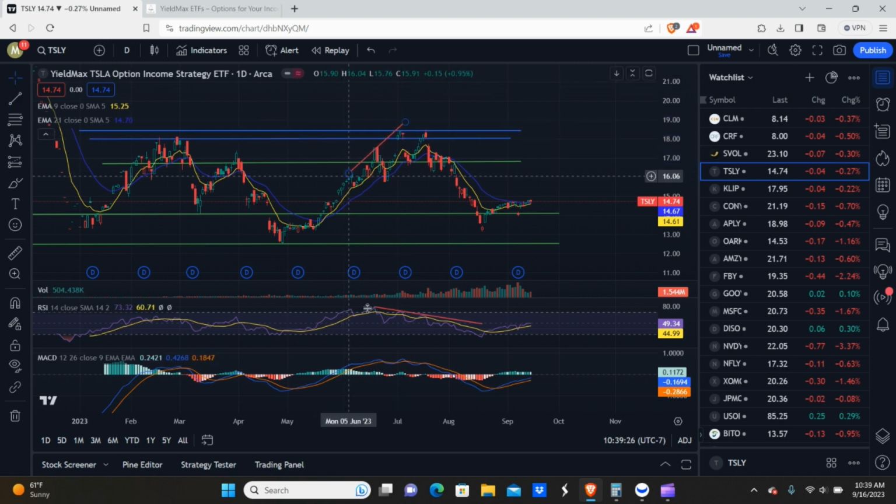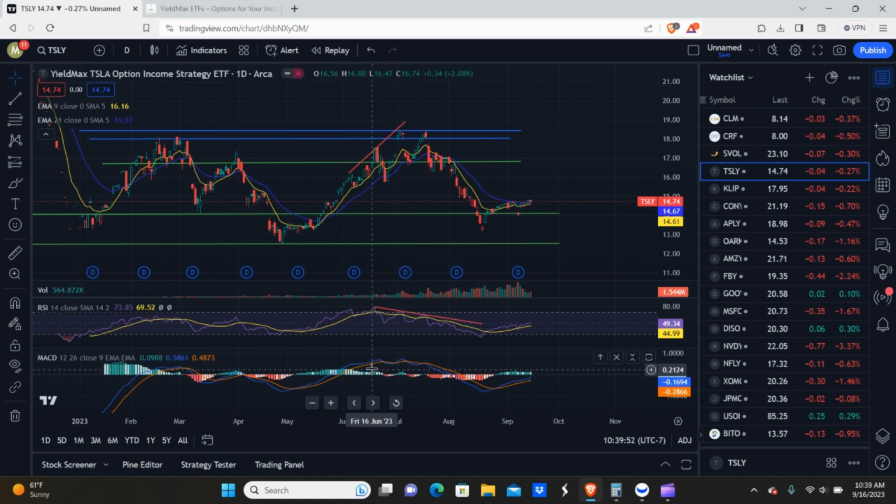As you can see, the RSI is moving down, the MACD is moving down, but the price is moving up. This is called a bearish divergence. Basically, what that means is the price is moving up, but the strength of the move is slowing. The MACD is also slowing and reversing.